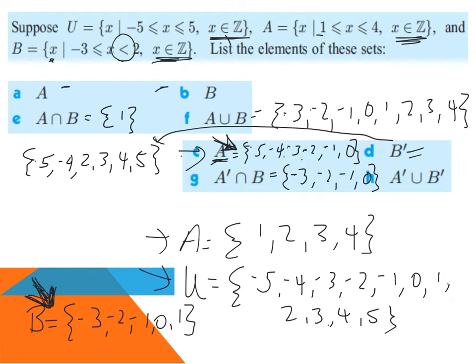And then the last one is the union of everything that's not in A and everything that's not in B. So here's our not A, and here's our not in B. And if we take the union of everything not in A and not in B, what we end up with is our universal set, except for 1, so it's not the universal set actually, because we're missing 1.